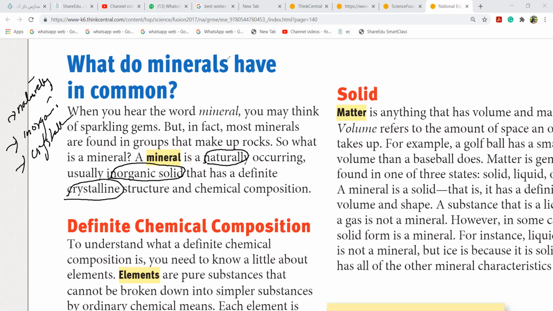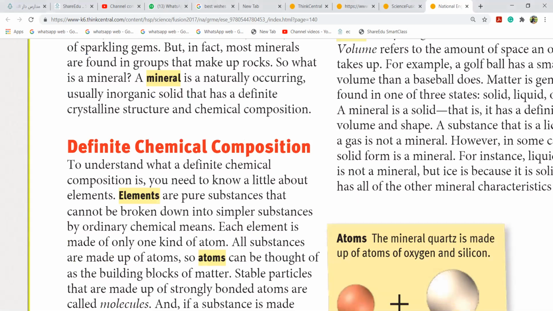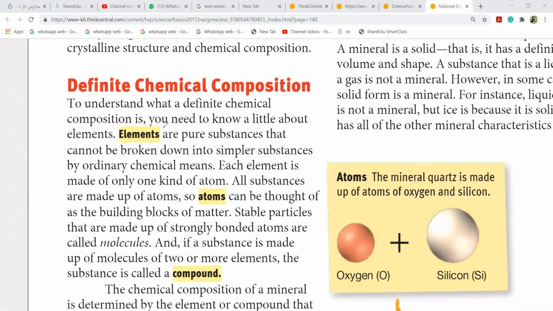All right, now next here, I told you, elements means pure substance. I cannot call salt an element. Salt contains elements inside, like sodium and chlorine. Water contains elements inside, like hydrogen and oxygen. Hydrogen is one element, which is pure. Gold itself is an element. If you later mix gold with copper, that becomes something else.